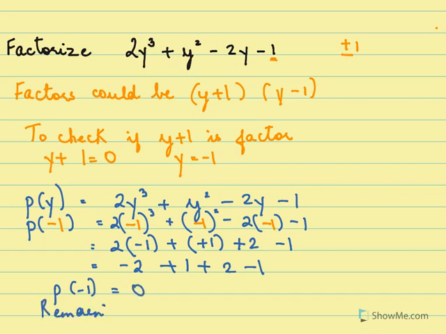Remainder is equal to 0. Therefore, we can say that y plus 1 is a factor of 2y cube plus y square minus 2y minus 1.